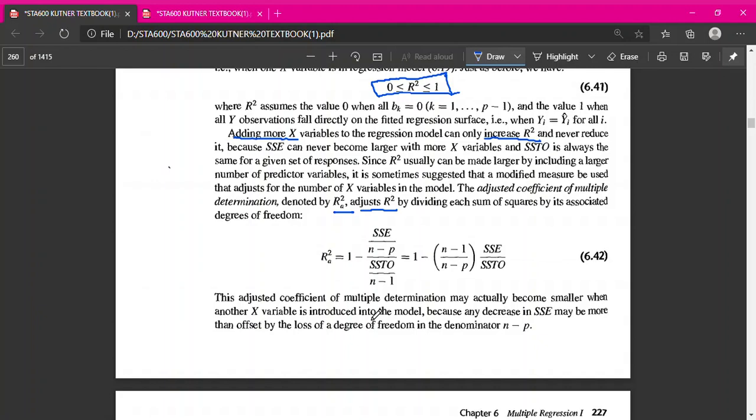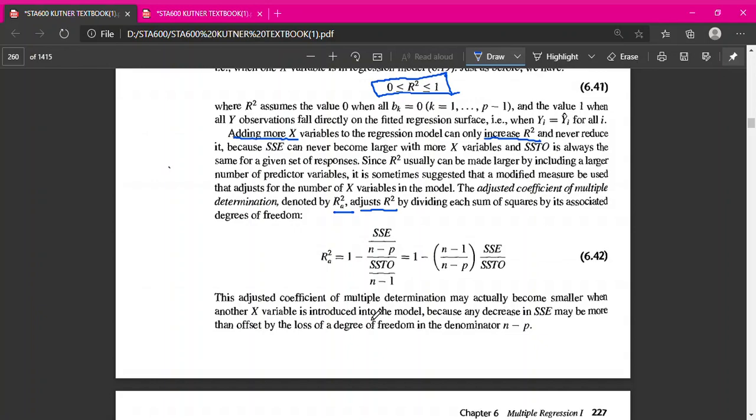Okay, so sebenarnya untuk MLR, R square adjusted ni hanya ada untuk MLR sahaja, and then it is more reliable actually kita gunakan R square adjusted than R square value.